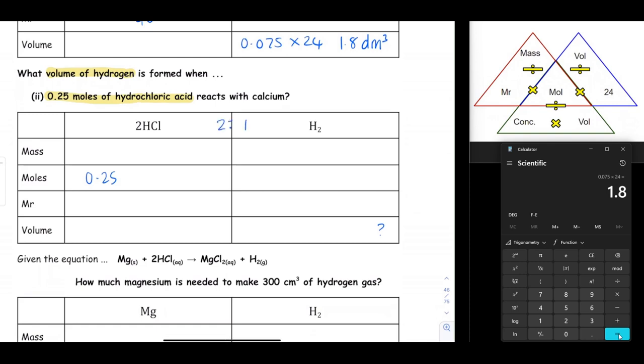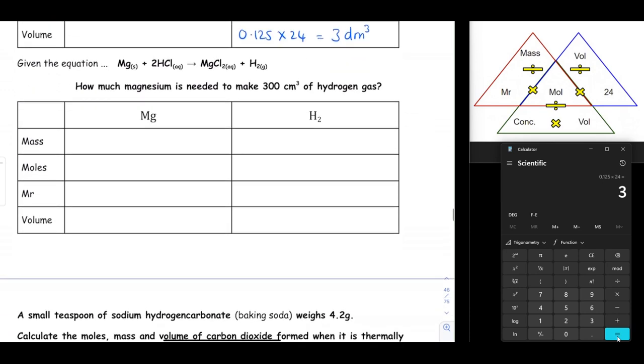I've got 2 moles of hydrochloric acid for every 1 mole of hydrogen. So I've got 0.25 divided by 2. That gives me 0.125 moles of that. Once I've got my moles, I just do 0.125 times by 24. That just gives me my decimeters cubed, or my volume of hydrogen evolved.